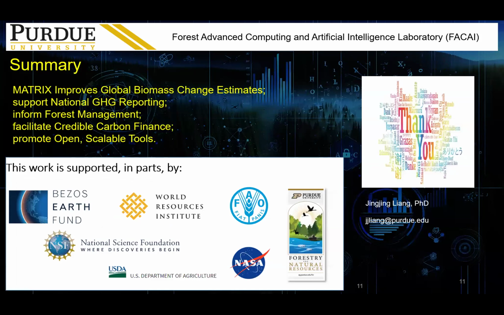So final slides. Yes, we have found that the matrix model is useful for global biomass change estimates, but also supports other areas like greenhouse gas reporting and credible carbon finance, and also promotes open scalable tools.